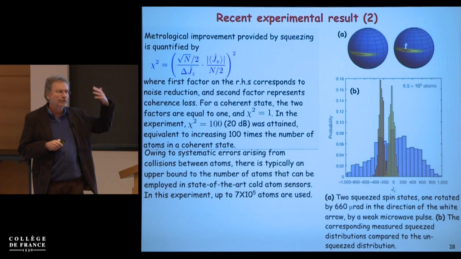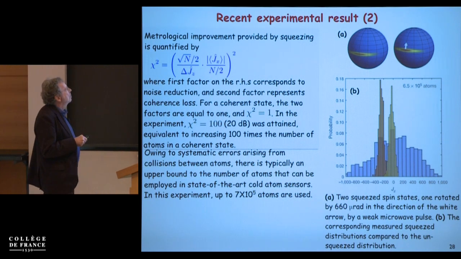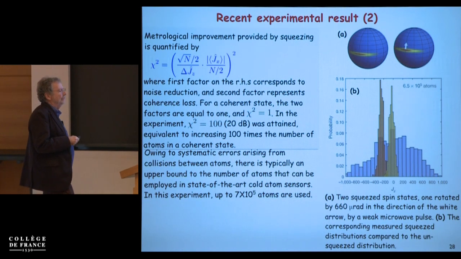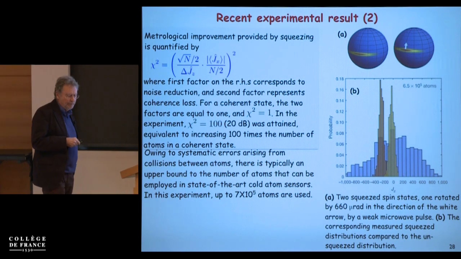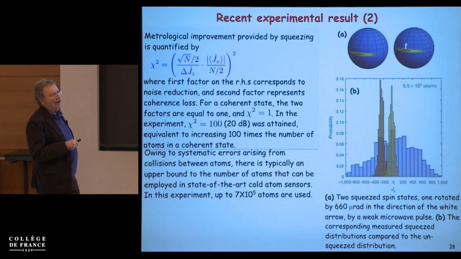Okay? That's why this figure of merit is used. It tells you immediately what is the multiplication of the number of atoms you have to do in order to get the same precision. Now, that's also a nice system to understand possible advantages of these metrological improvements. You see, if you increase the number of atoms, you start having collisions between atoms.